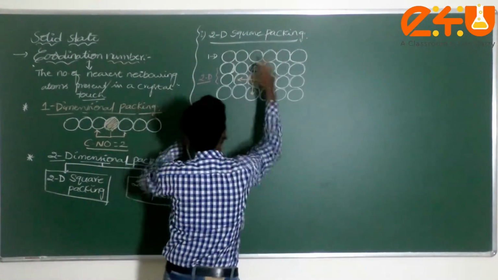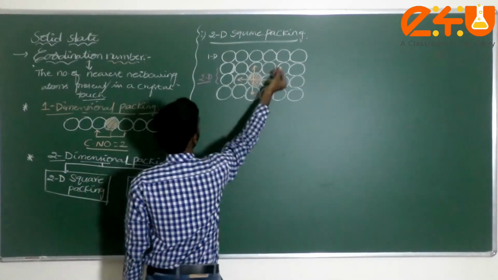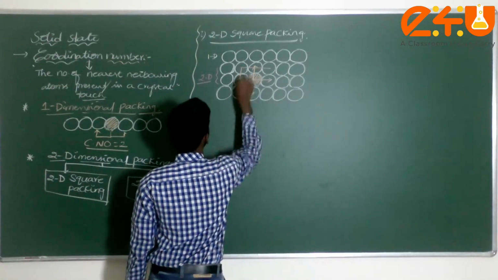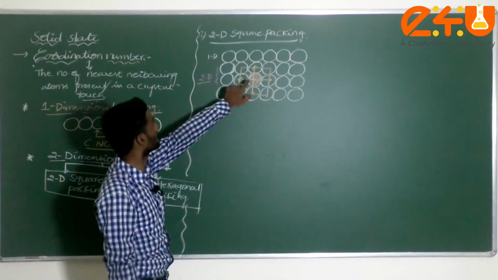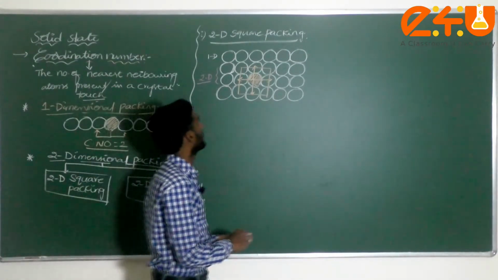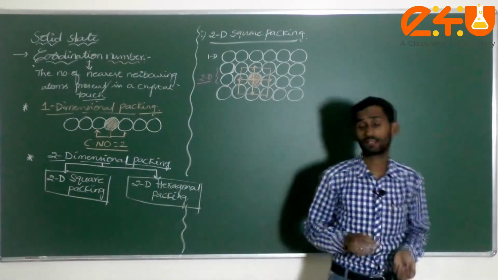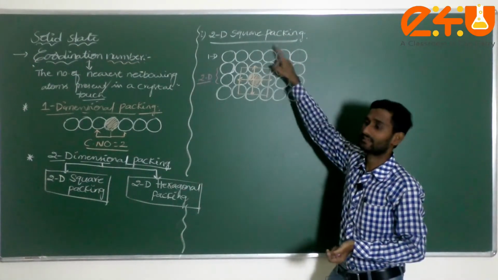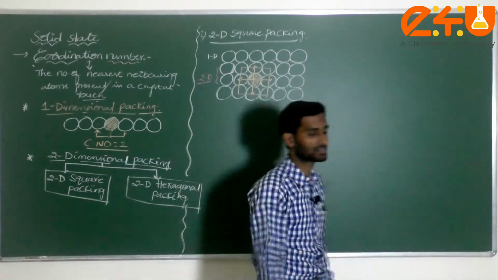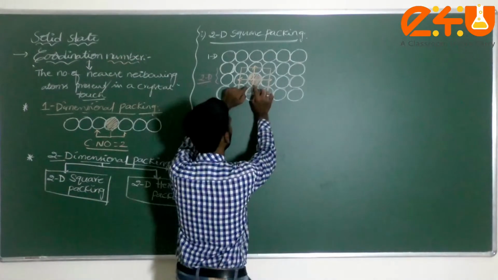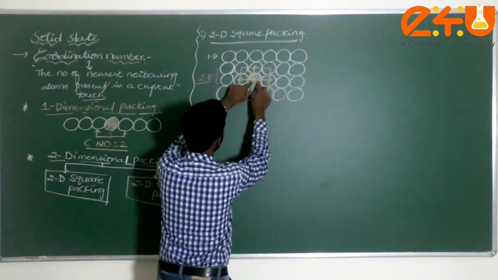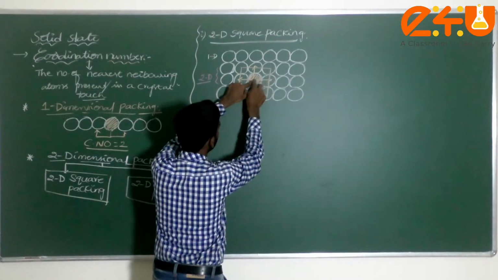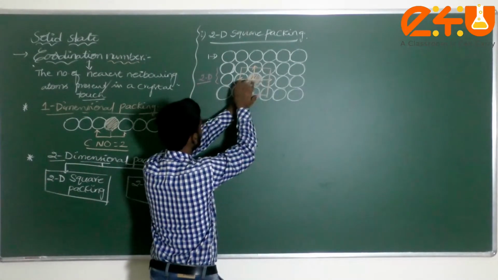Now you mentioned, sir, square packing. Just we can consider a square shape, or not, dear students. Now such type of packing is known as two-dimensional square packing. The number of nearest neighboring atoms: this atom is touched here, also touched here, also touched here.